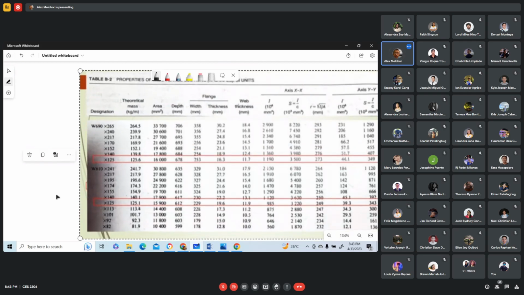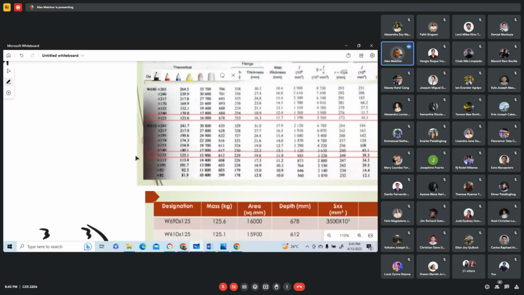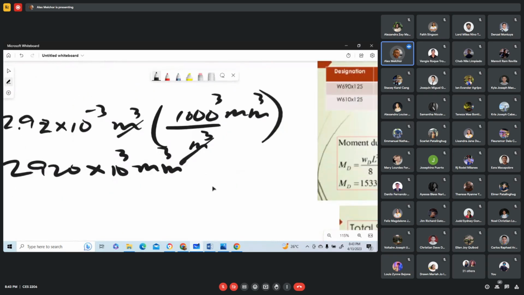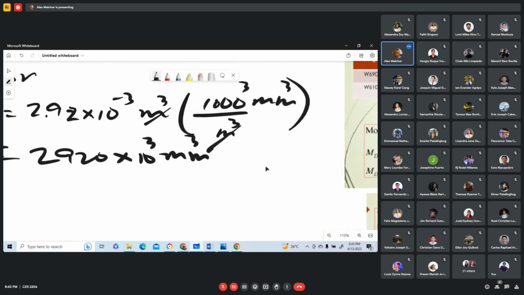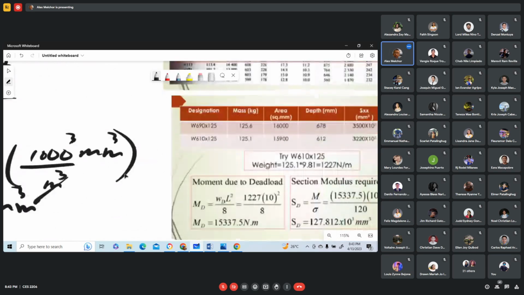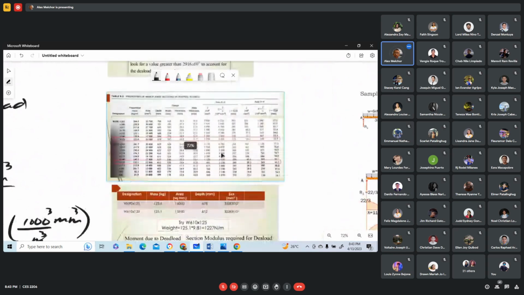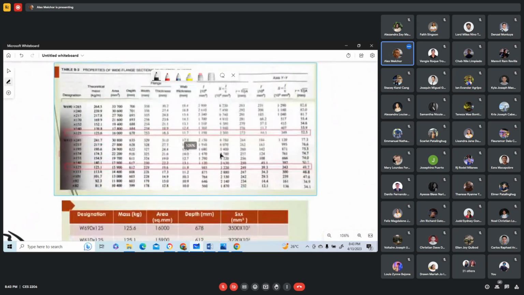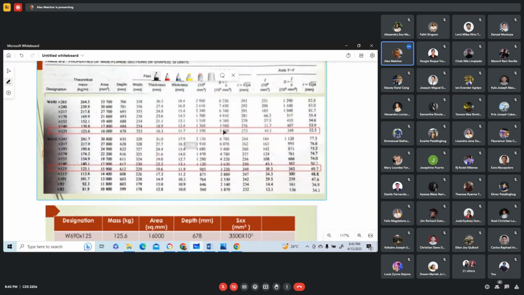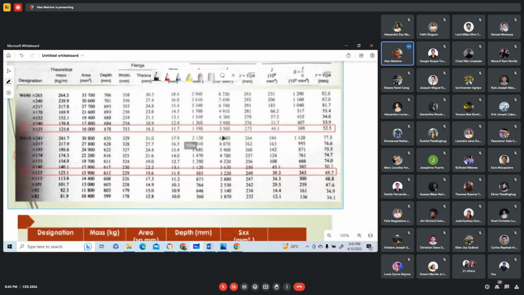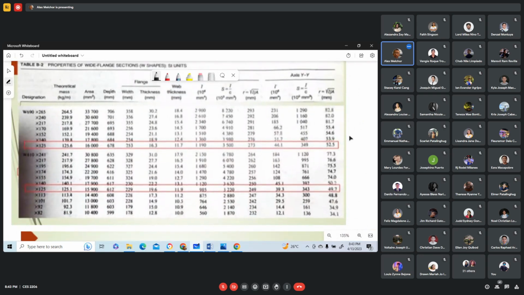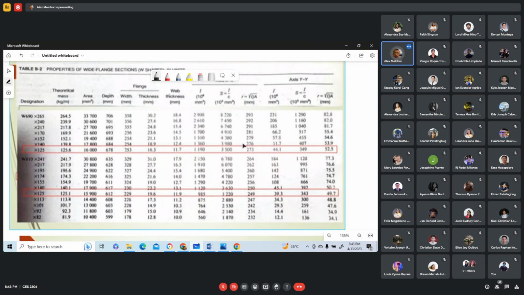Okay. What is our answer again here? This is 2,920, no? Times 10 cube. So 2,920 times 10 cube section modulus.